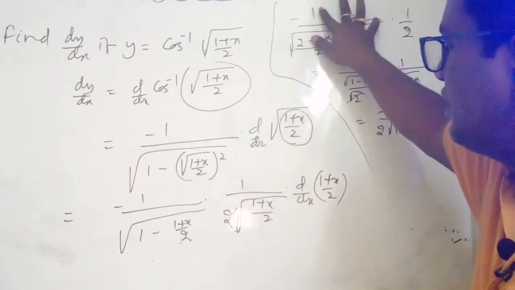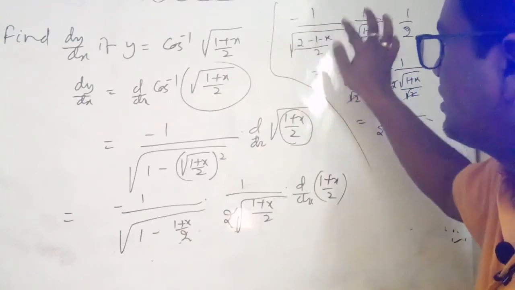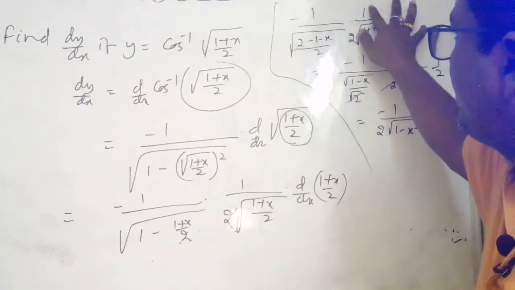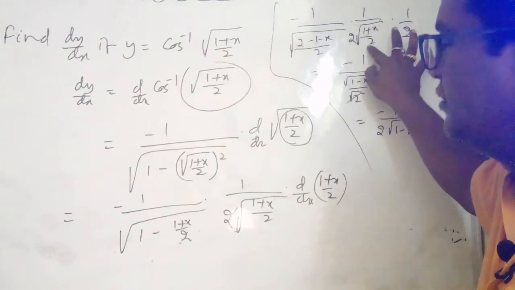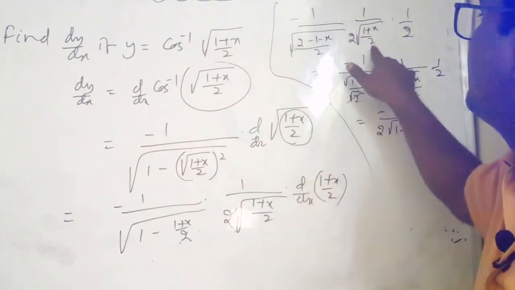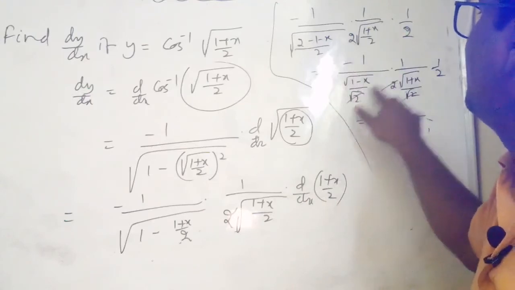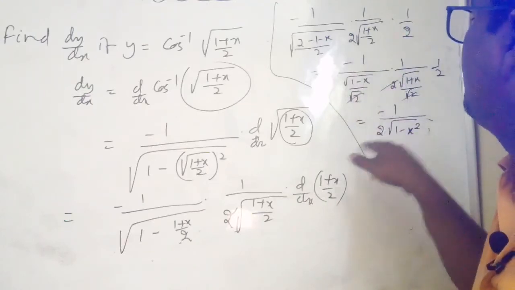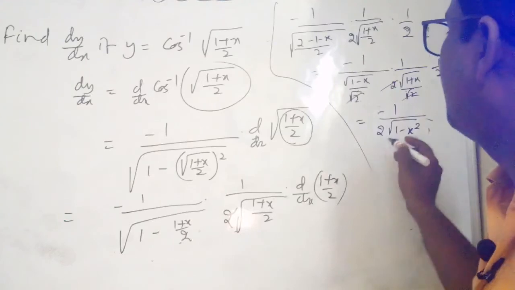So minus 1 by 2 minus 1 minus x by 2, this is 1 by 2 into root over 1 plus x by 2, and this is 1 by 2. So this is root 2 and this is root 2, here 2 cancels, this is half, and minus 1 by 2 into root over 1 minus x square is the final answer.